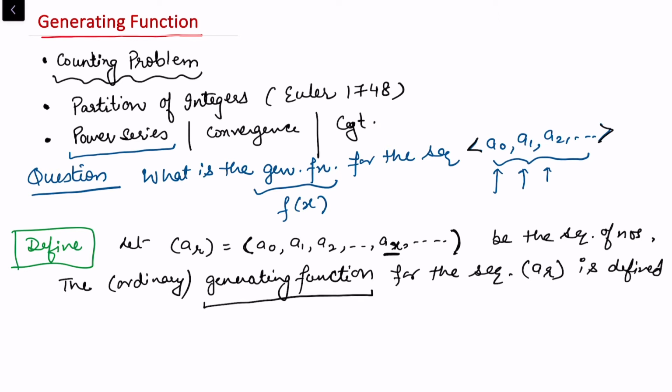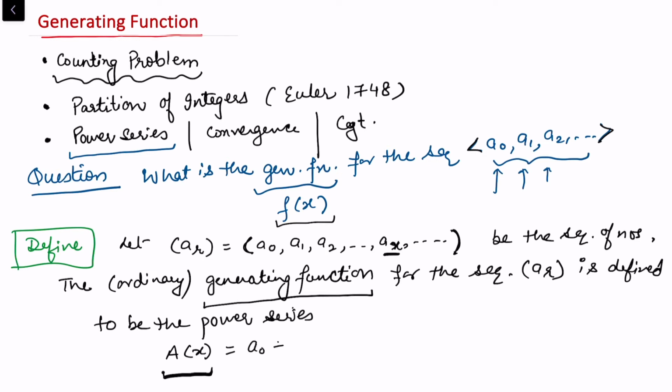Since I want to create a power series, I will attach powers of the variable x, and I will denote it by, let's say, A(x). Just like f of x is a function of x, I am simply writing A(x), and this is a0 plus a1 x plus a2 x squared plus and so on up to a_r x to the power r, and we continue.